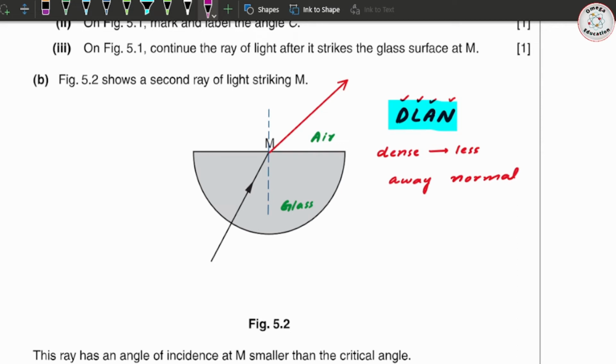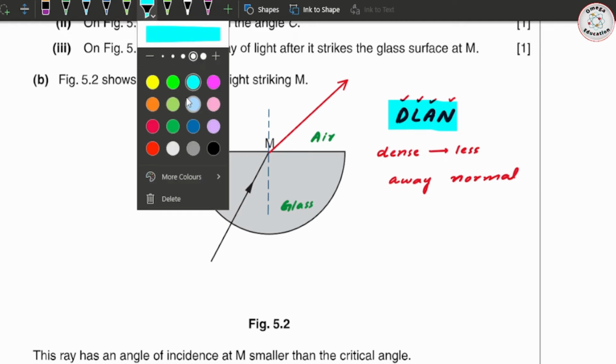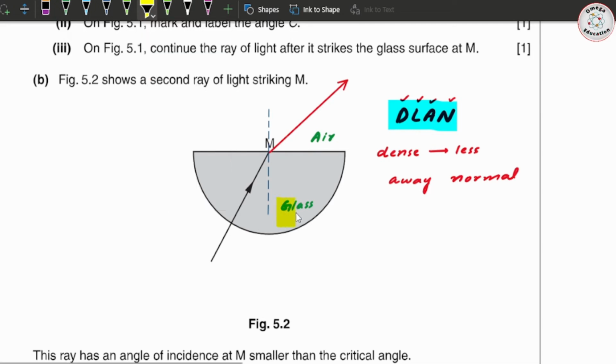So D for dense, L for less dense, A for away, and N for normal. So keep DLAN in your mind whenever we move from a dense medium. And how do we know this was the dense medium? Glass is optically denser than air. So this one was glass, and here we have air. Glass is optically denser than air because it slows light more as compared to air.